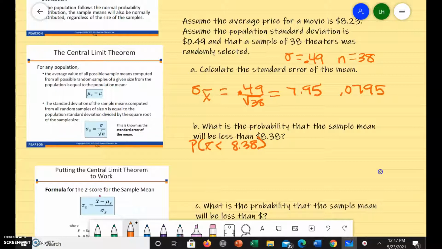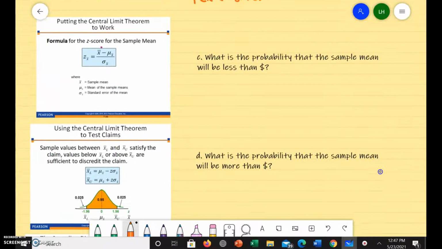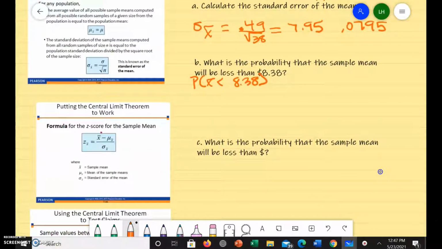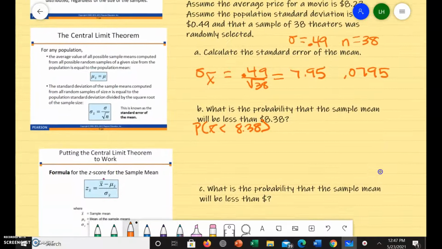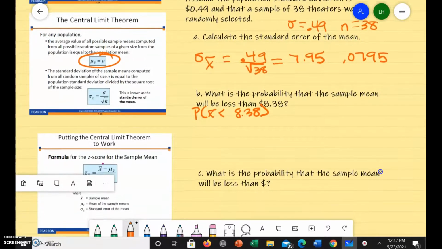So what we need to do is get our z-score. And for the z-score, remember that if the sample size is greater than or equal to 30, we can assume that the average value of the possible sample means will equal the mean of the sample means.